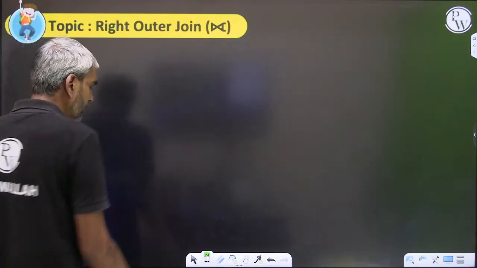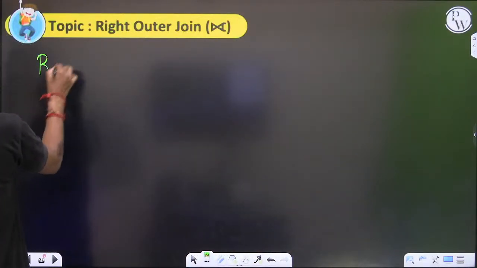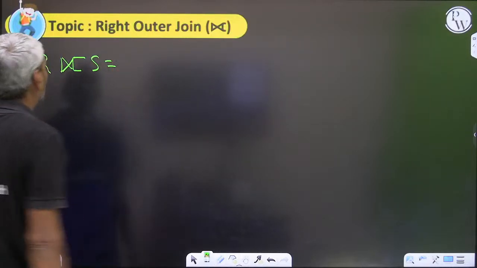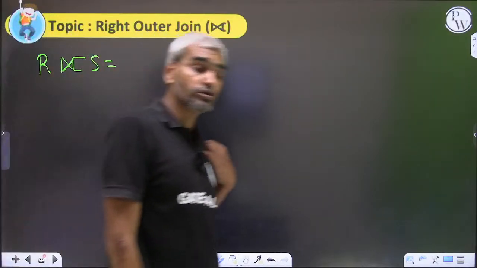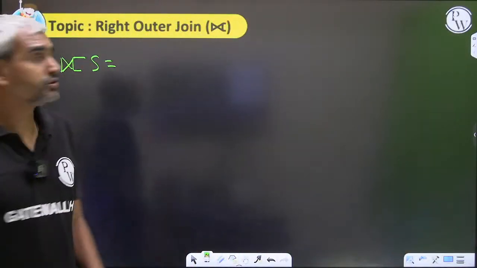Another is the right outer join. So what is right outer join? Again, it's simple. R right outer join S will be nothing but the tuples of R natural join S along with the tuples from the right hand side relation that failed the join condition.